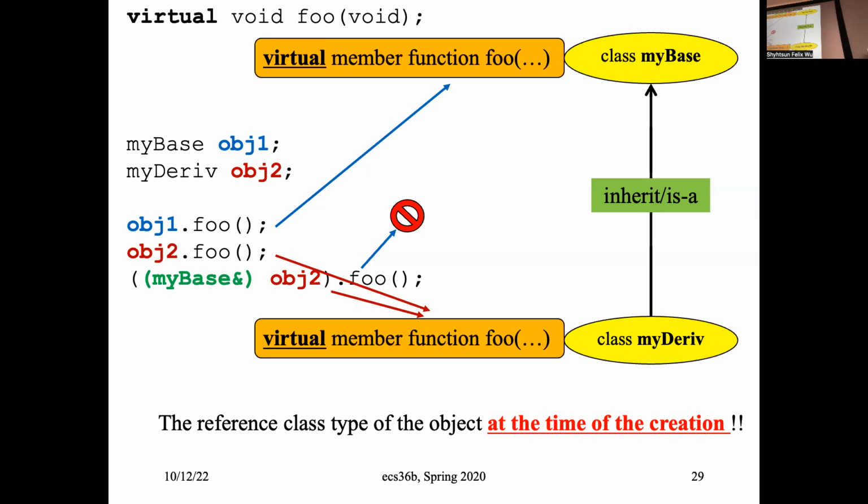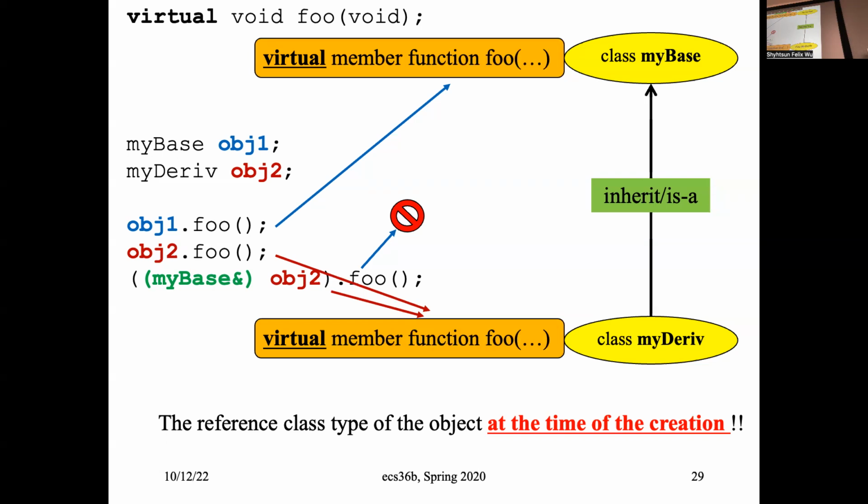That's true, but the core reason is not because you cast or not cast. The true reason for the virtual function to decide which one to call is really determined by the time of creation, regardless of whether you cast or not.